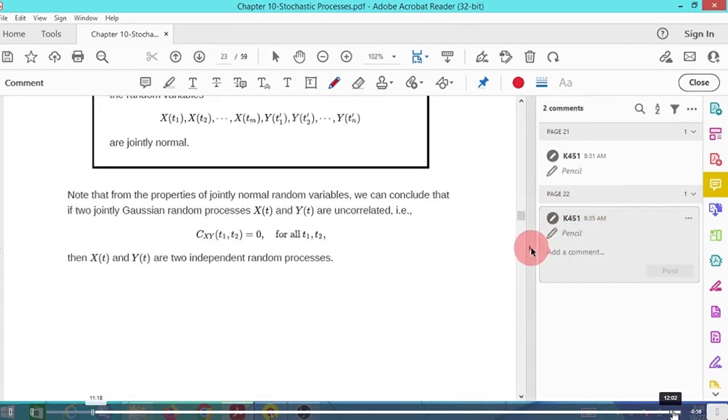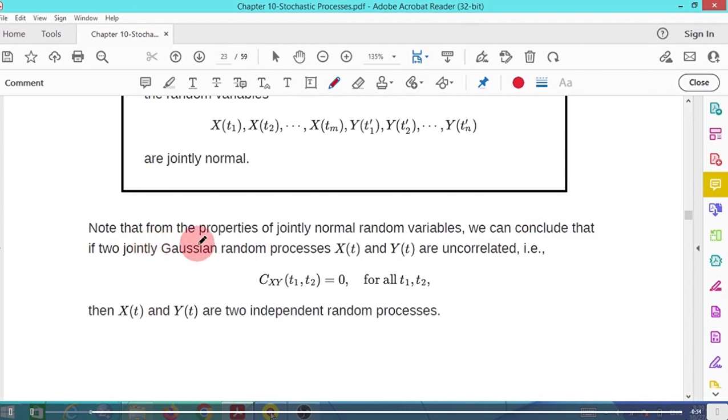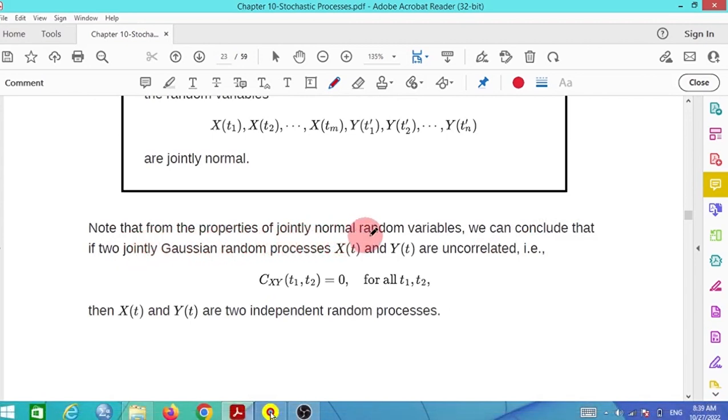Note that from the property of jointly normal random variables, we can conclude that if two jointly Gaussian random processes Xt and Yt are uncorrelated, meaning the covariance function is 0, then Xt and Yt are independent.